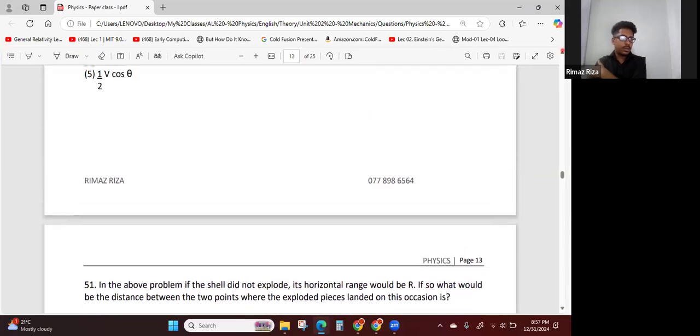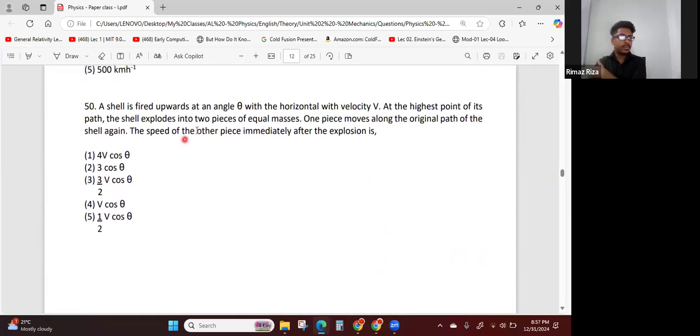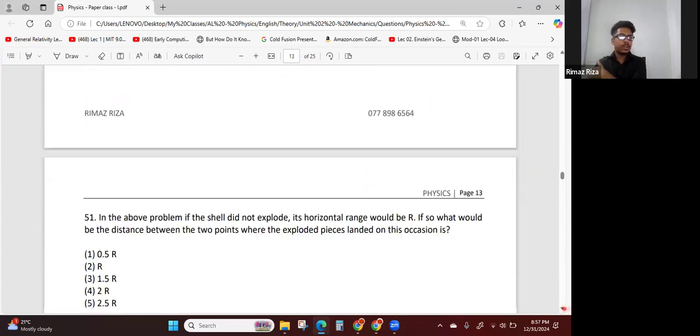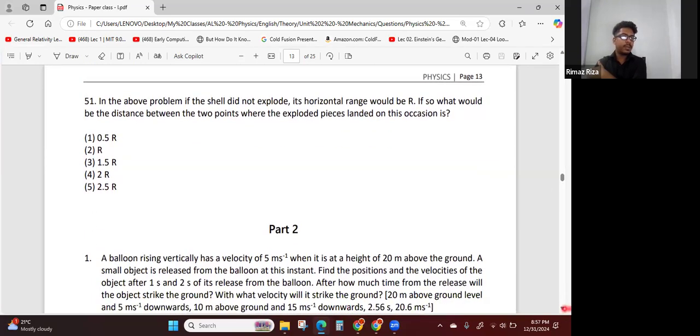I think, hold on, in this question, two pieces of equal mass, one piece moves along the original path. Yeah, so I think this question is wrong. Here we have to have 0.